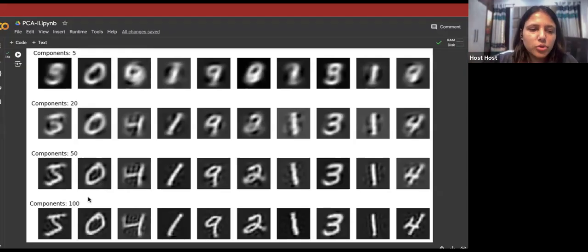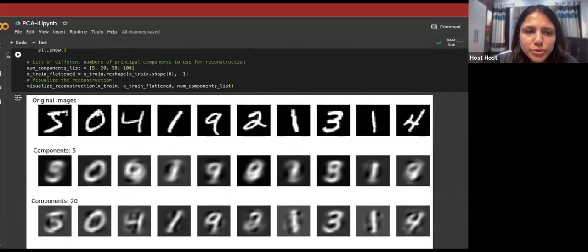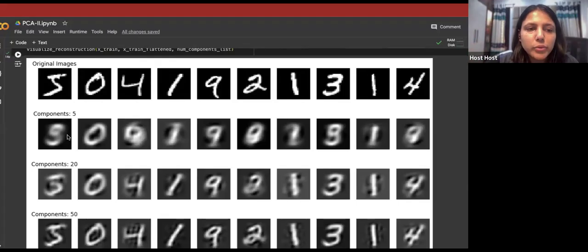So what is happening? Whenever we are using more principal components, the variance of the data, or the information in the data, is retained more. And hence, these images with 100 principal components are much closer to the original images compared to the images that we generated using 5 principal components. Make sense?